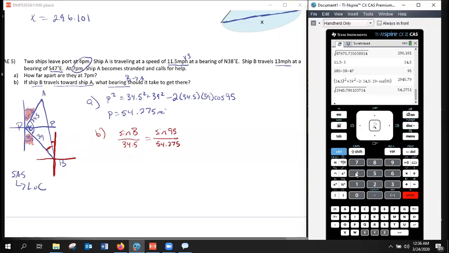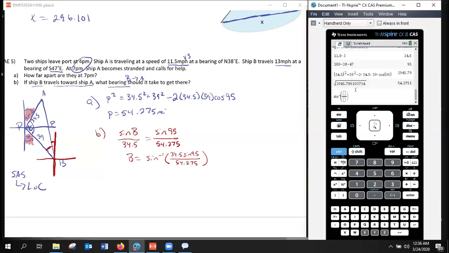So that means B will be the inverse sine of 34.5 sine of 95 over 54.275. Throw that in the calculator. Inverse sine. Let's go ahead and put the fraction bar up there too, just to make life easier on us.